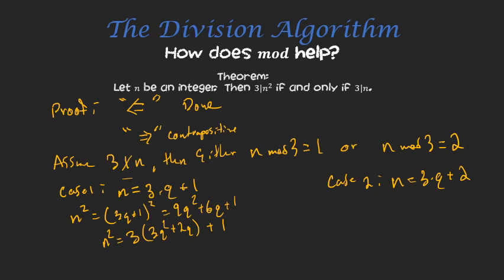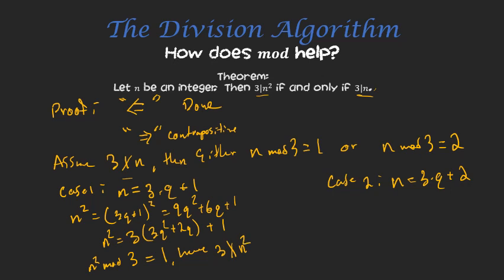So n squared mod 3 is 1. Hence, what do I want to show? I'm doing the contrapositive, so I assumed 3 does not divide n, and I want to show that 3 does not divide n squared. And that's what I have. n squared mod 3 is 1, which is not 0. Hence, 3 does not divide n squared.